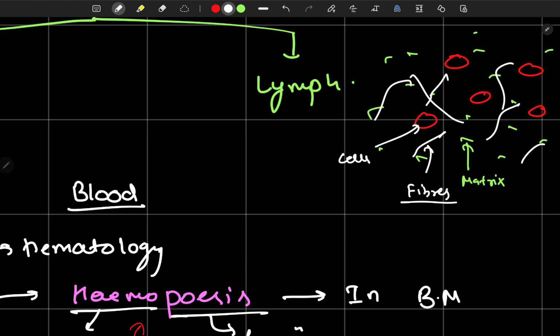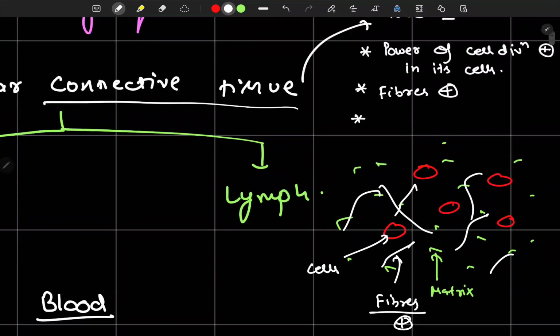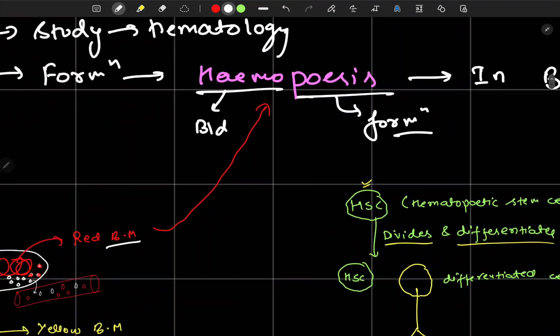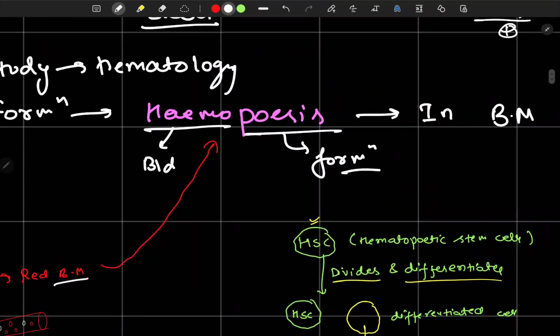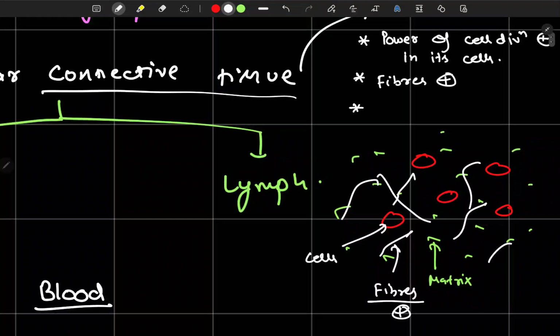The matrix is something that is produced by the cells of that connective tissue only. In case of blood, this matrix is not produced by these cells. The RBCs and WBCs do not produce this matrix.